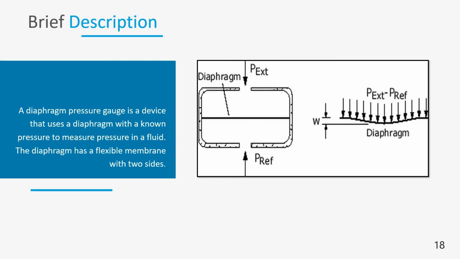On one side is an enclosed capsule containing air or some other fluid at a predetermined pressure. The other side can be left open to the air or screwed into whatever system the gauge is meant to measure.